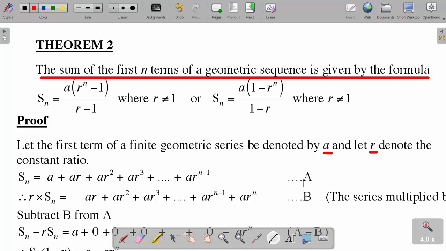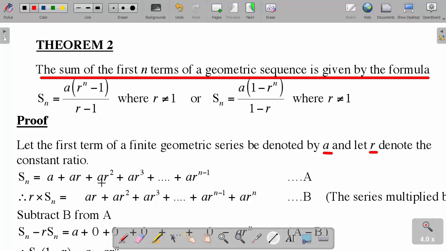Now again, like I did in the previous example, I multiply the series by the constant ratio. So the constant ratio times Sn, that's what you see here. Then the constant ratio times the first term gives me AR. Then AR times R gives me AR squared.